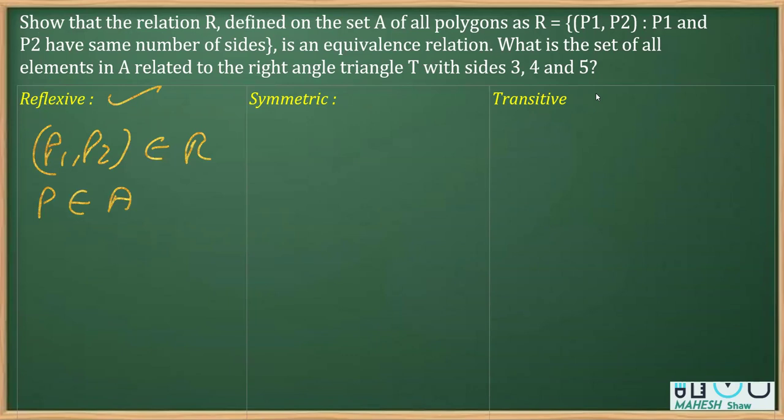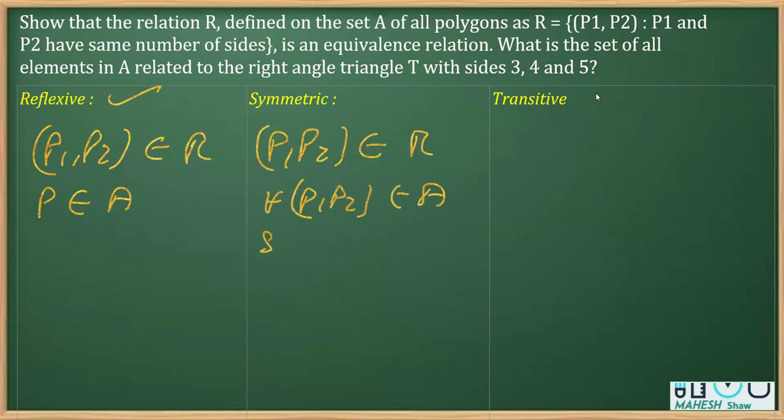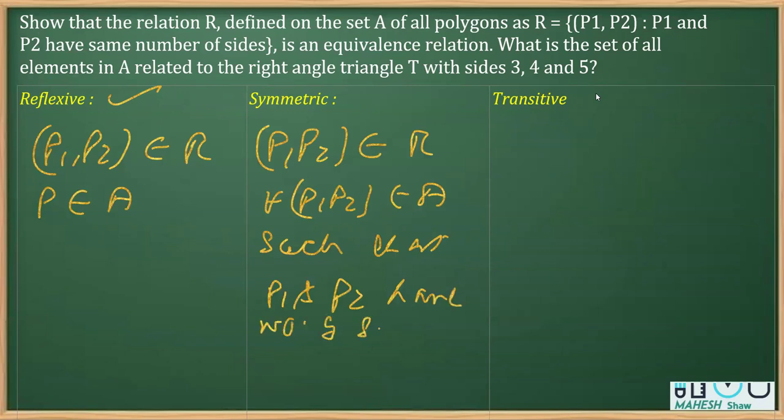Now for symmetric, let's say I took 2 polygons P1, P2 from the set A, such that (P1, P2) belongs to R, that is, P1 and P2 have the same number of sides.